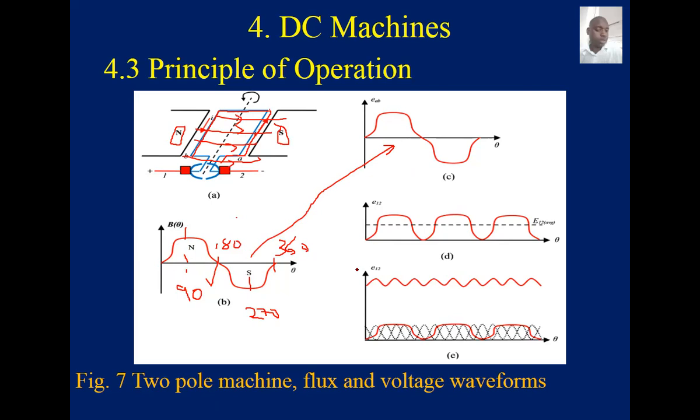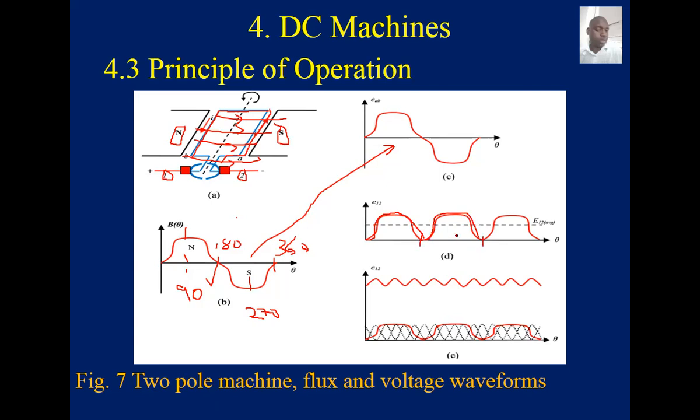Then we go on to the voltage across terminal 1 and terminal 2. The voltage across terminal 1 and terminal 2 for a 2-pole machine will also come in pulses. It comes to 0 when the flux is 0. When the flux reverses, it also goes up and comes to 0 again.